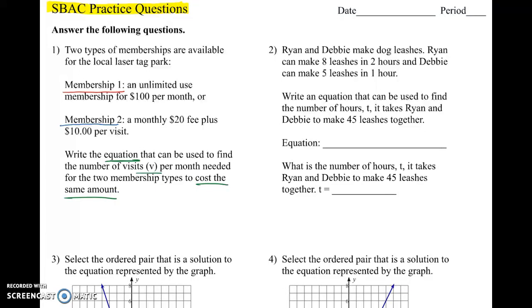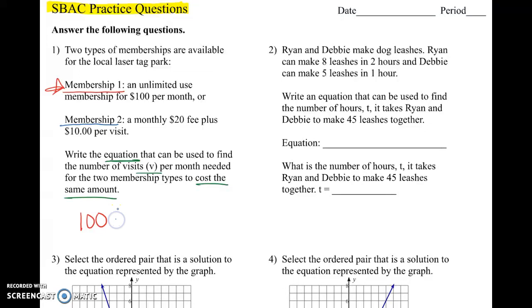So if we think about this, we're going to want membership 1 to equal membership 2 in order for them to be the same cost. So let's go ahead and write this. Membership 1 is unlimited use membership for $100 per month. So per month it's $100.